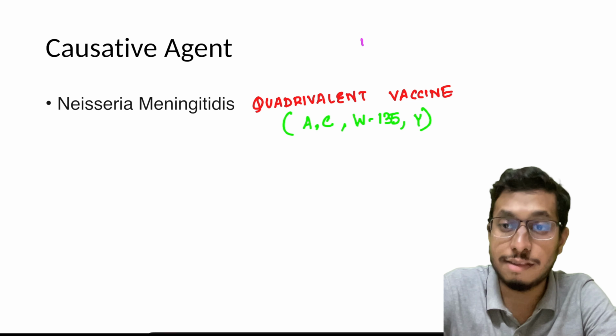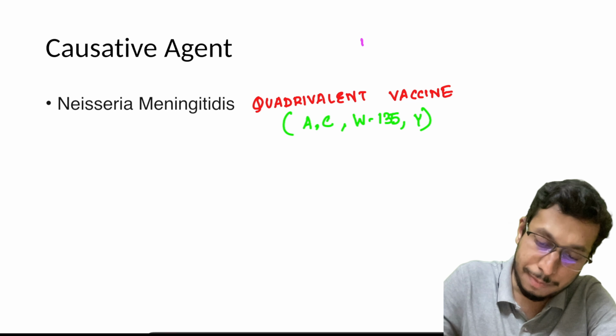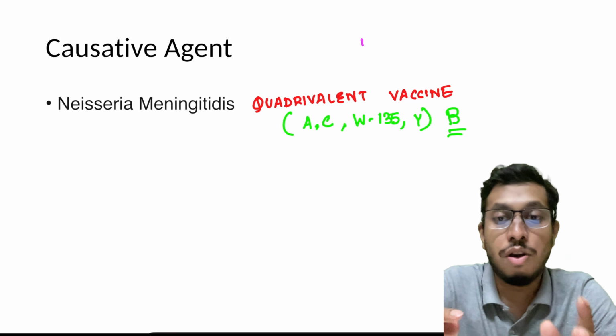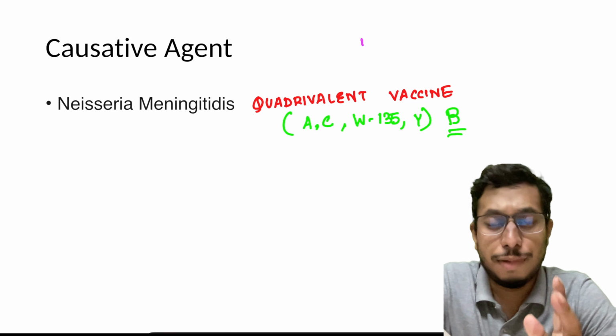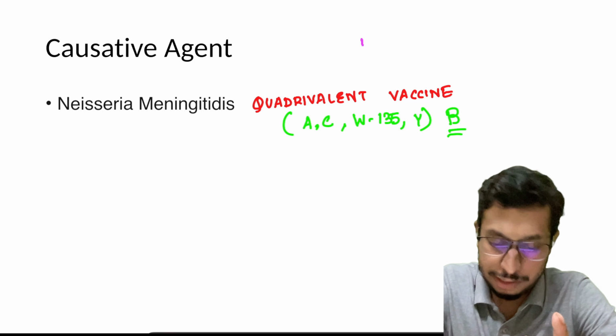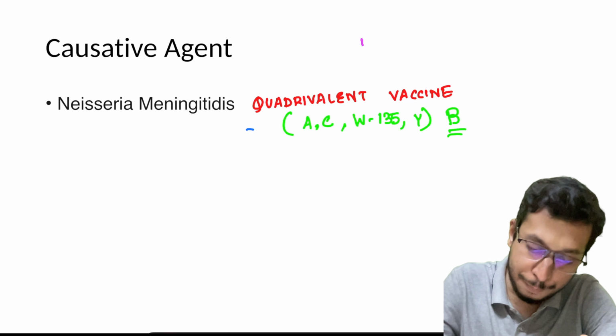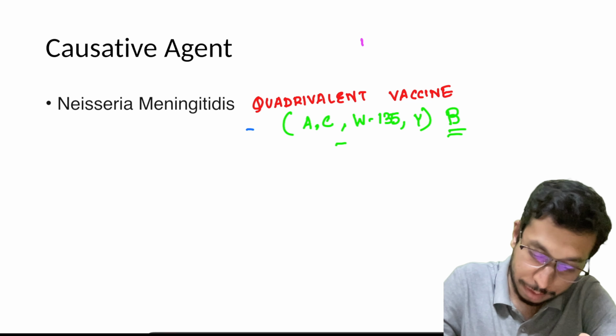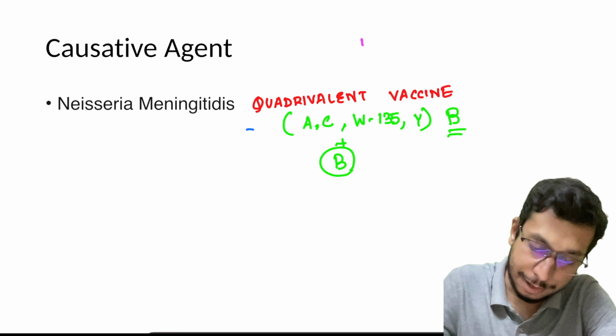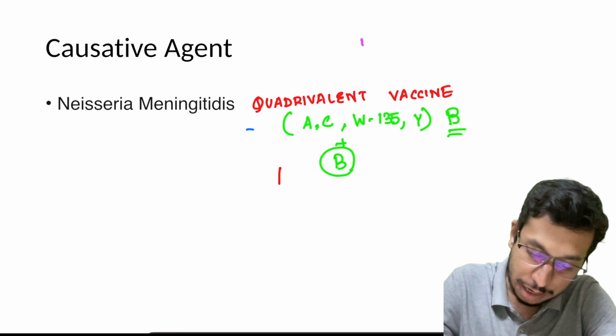Okay, as well as a serogroup B vaccine. So currently, along with this quadrivalent, we often add B, plus B serogroup, which makes it a pentavalent vaccine.